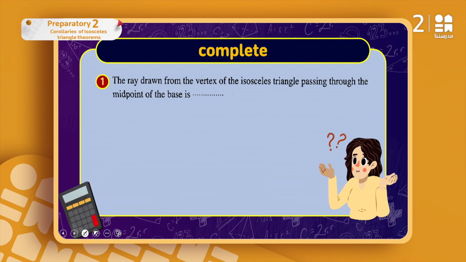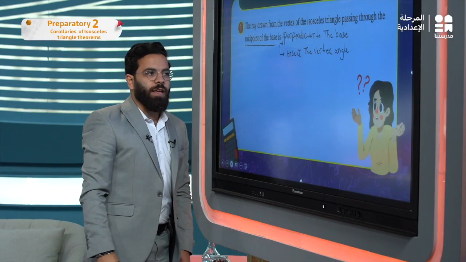The ray drawn from the vertex does an action: it passes through the midpoint of the base. Since it does one action, the other 2 actions are achieved automatically. So I can say it is perpendicular to the base, and I can also say it bisects the vertex angle, as we agreed. Next one.